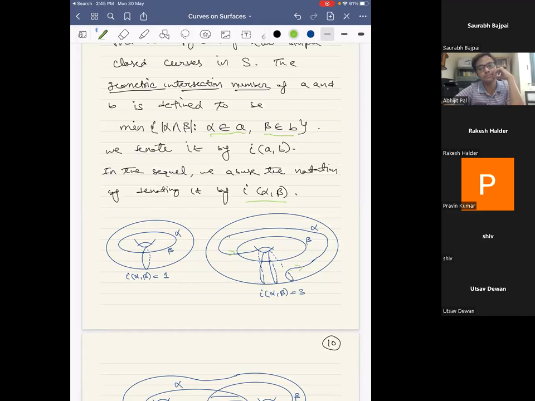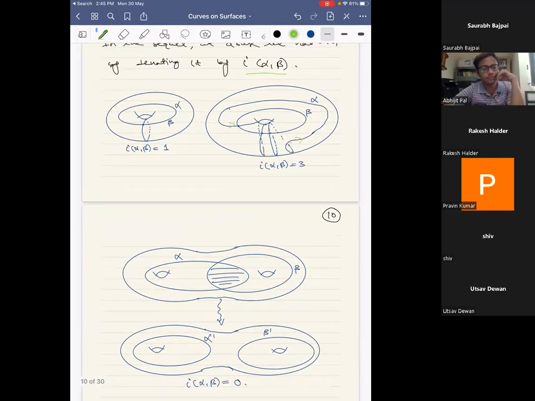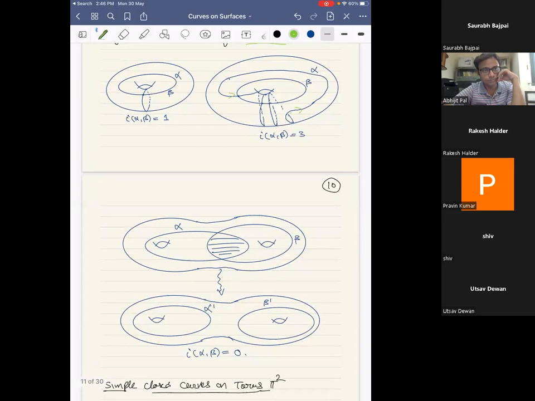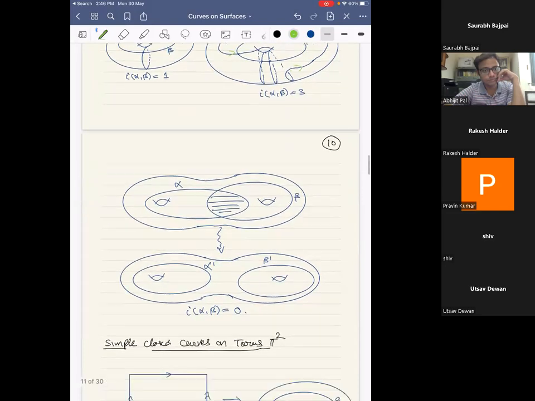They must be in minimal position, which I will define soon. For example, this is not in minimal position, right? This example. Okay. So geometric intersection numbers will help in topology as well as in geometry. We will see many examples and maybe applications of this in future. Okay, I hope I answered it to some extent.